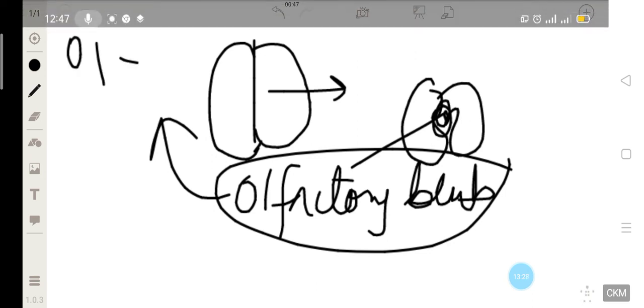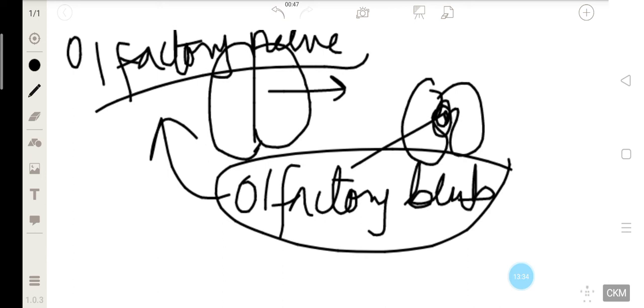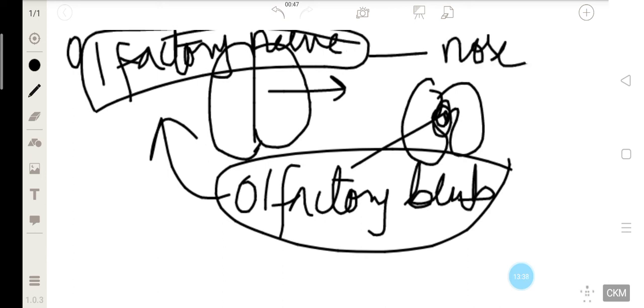Do you know what the olfactory nerve is? Basically, that is a nerve which receives the message from the nose. As I told you before, we learned that the thalamus receives the impulses from all the sensory organs except the nose.